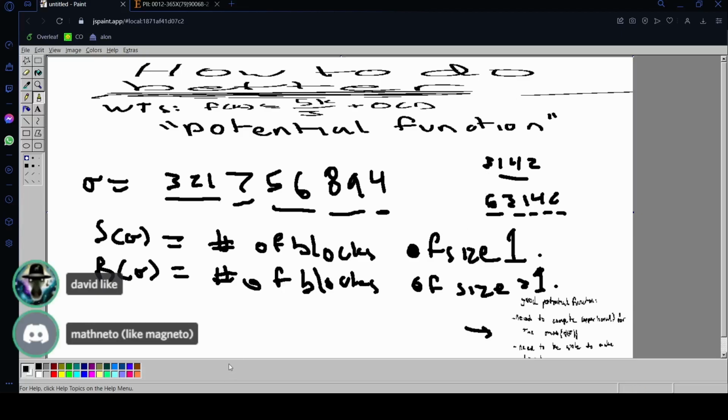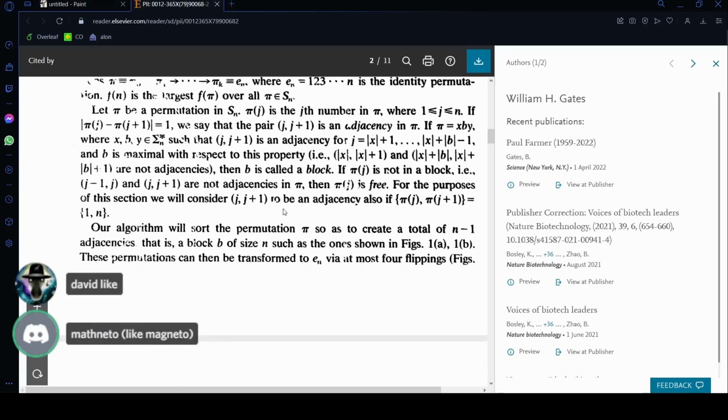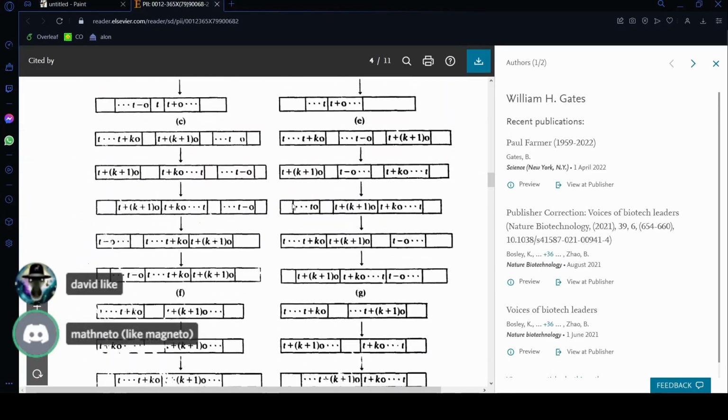So we define the singleton count and the big block count, and the potential function they find is just gonna be linear in these. So it's 5/3 basically the number of singletons plus, and they might have actually described it a little bit differently.